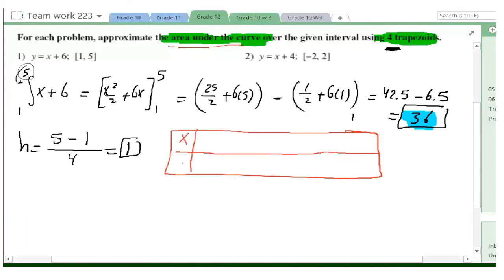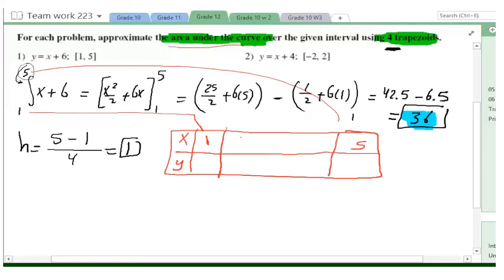Here is x and here is y, or f of x. First value, which is 1. Last value, which is 5. And I want to find 5 values because it's 4 sub-intervals.